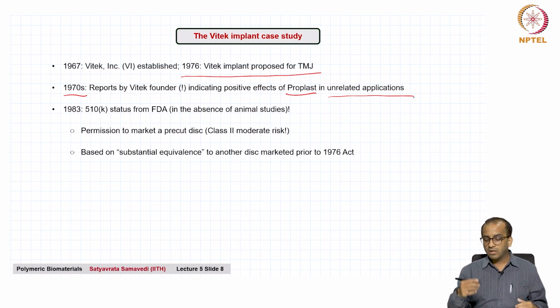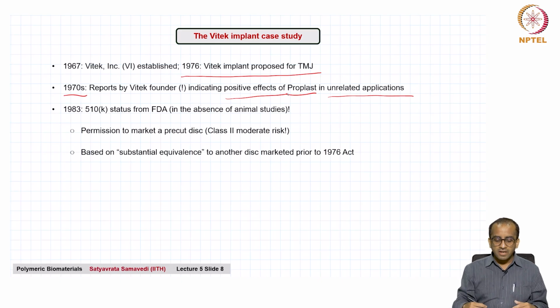More importantly, all of these positive effects that were claimed were not in the context of TMJ reconstruction, but in an unrelated application. In fact, at that point the TMJ was not even fully classified as a load bearing joint.